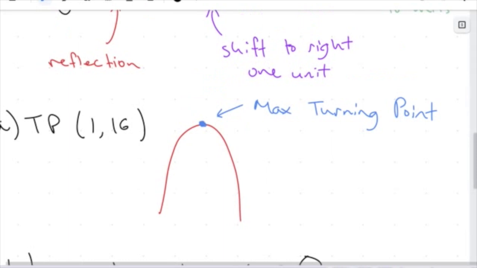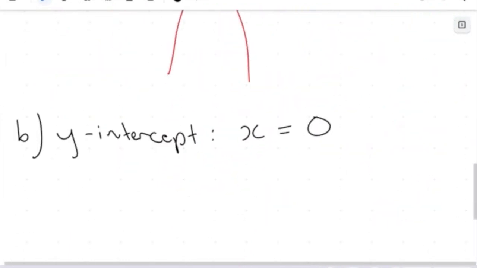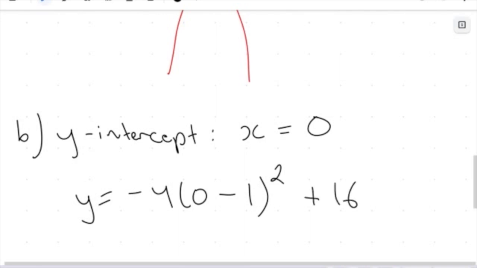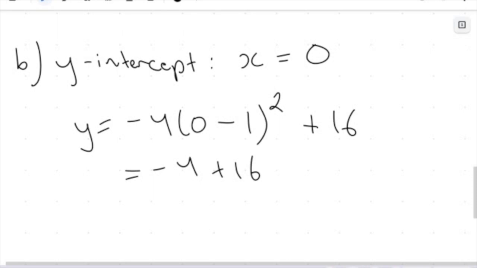So I can substitute that into my equation up here. So my y is going to equal minus 4 times 0 minus 1, all squared, plus 16. Okay, so this is going to give me minus 4 plus 16, and then that's going to give me 12. So this is my y-intercept here.